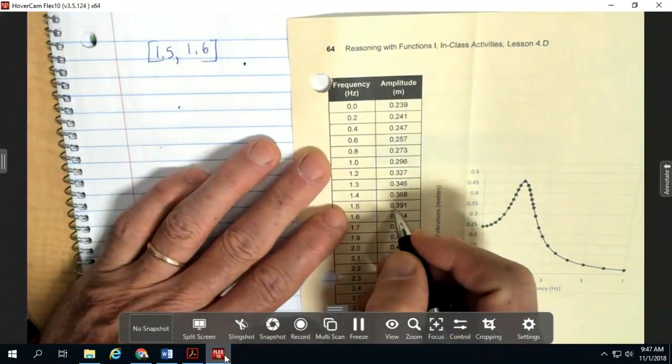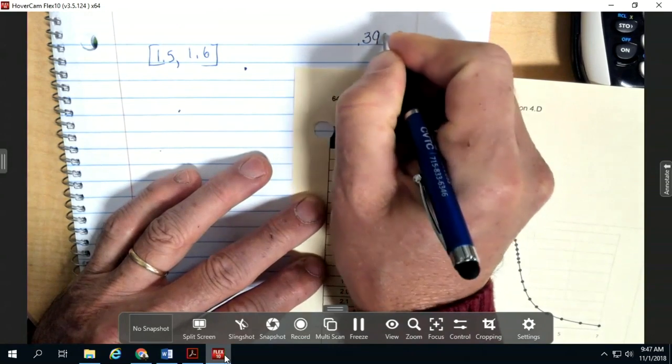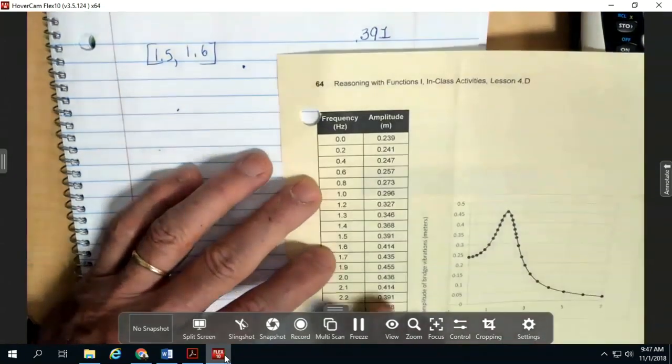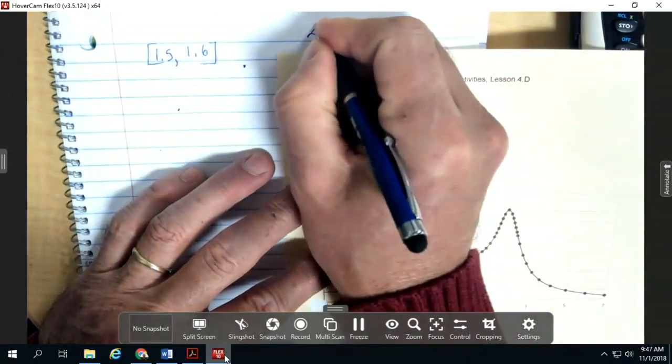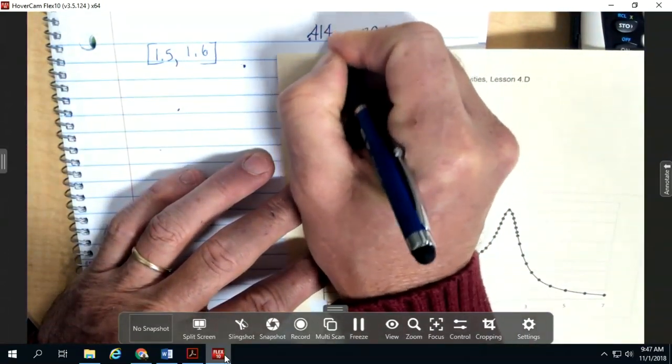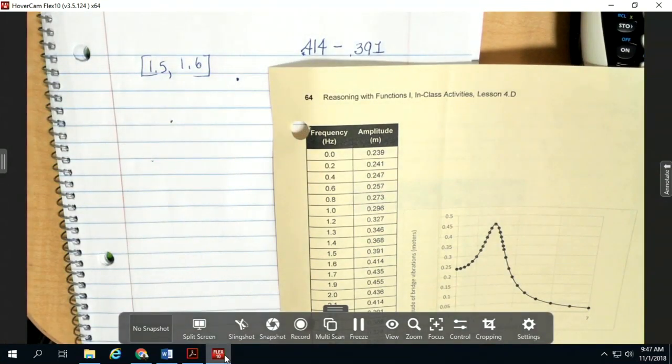Well, at 1.5, the amplitude is 0.391. At 1.6, it's 0.414. Why did I take 0.414 minus 0.391?